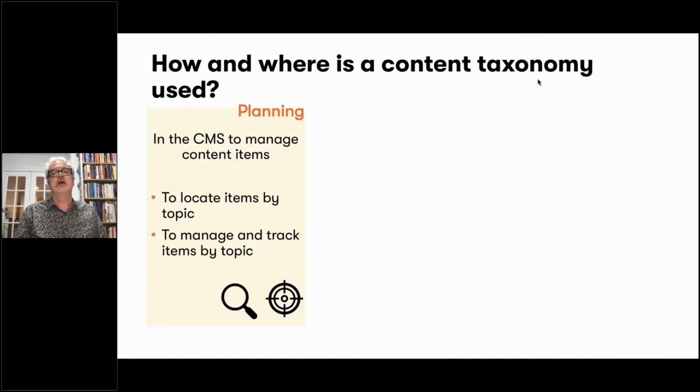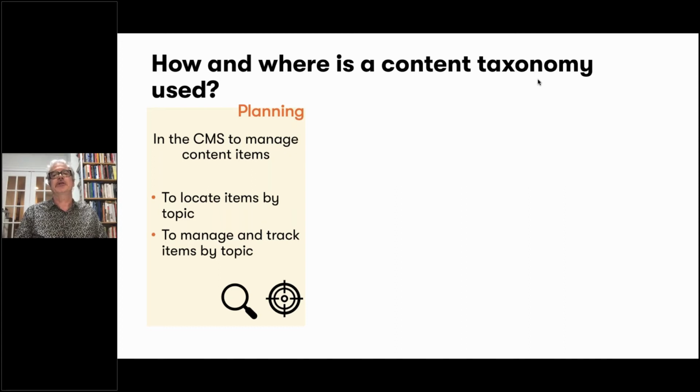So at planning, we're thinking about how the CMS can manage our content, and the CMS will know that the items are tagged with certain taxonomy terms, and that will be very useful to authors. So authors can locate items according to topic, for example, or according to audience, and they'll be able to find things and see what's been created already, and that will help them plan what they may want to create next.